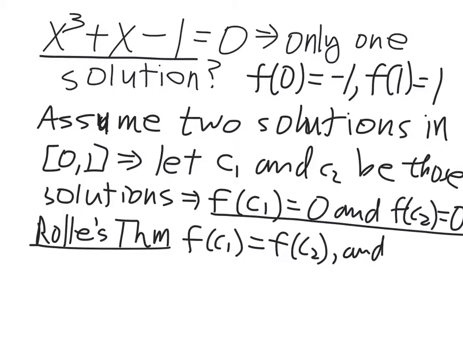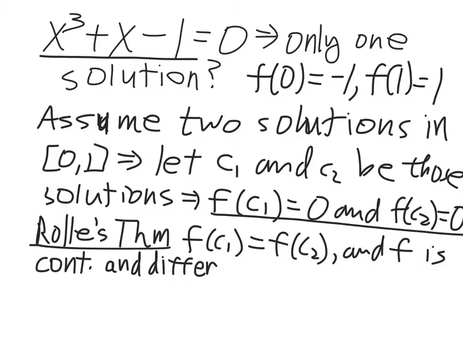And the conditions that occur with Rolle's theorem: f is continuous, which we already talked about using continuous functions for the intermediate value theorem, and another criterion for Rolle's theorem is that f is differentiable in the interval.